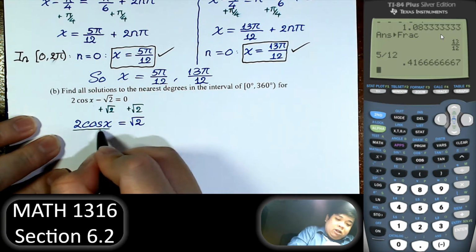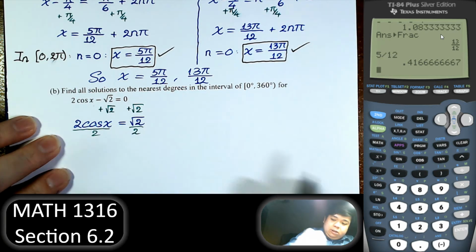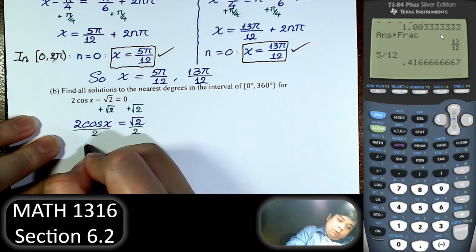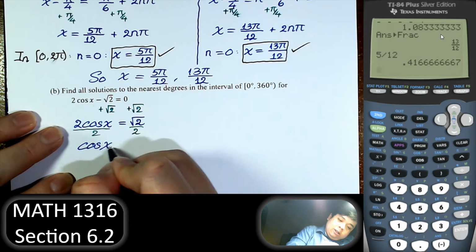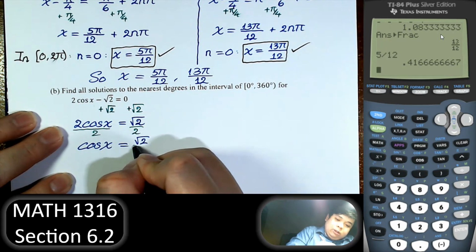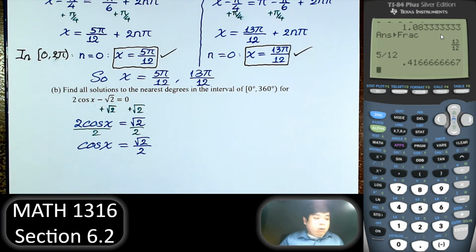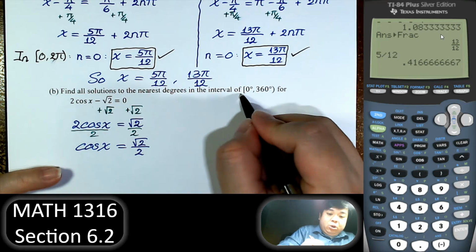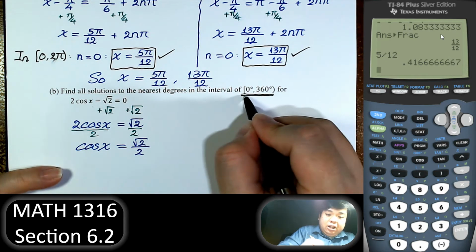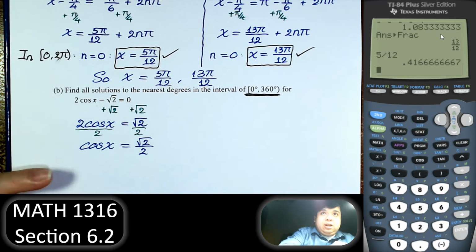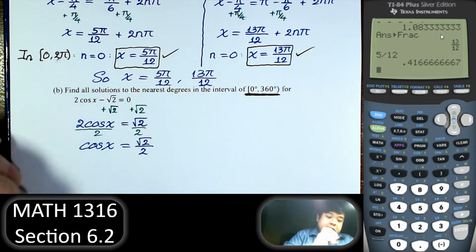Now we divide by 2 on both sides. So cosine of x equal to square root of 2 over 2. Now, in this problem we have 0 to 360 degrees, so the answer is in degrees.